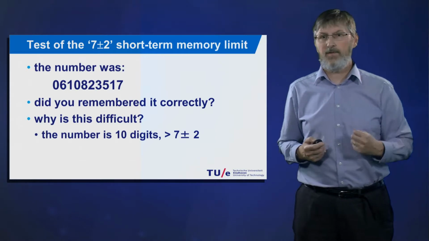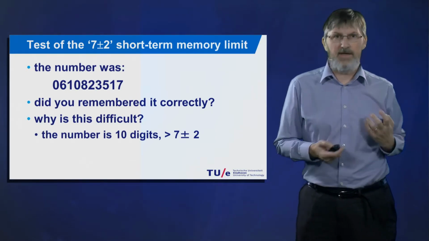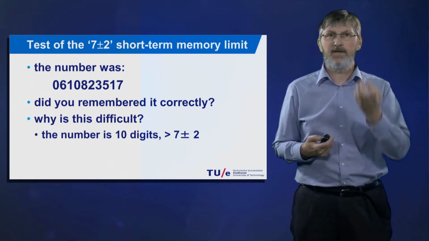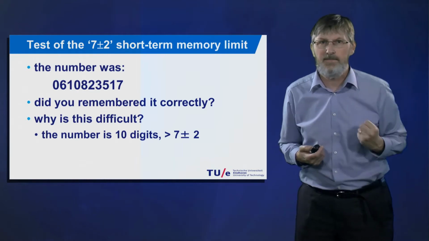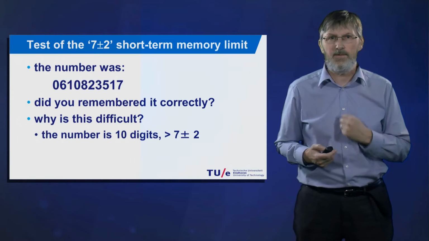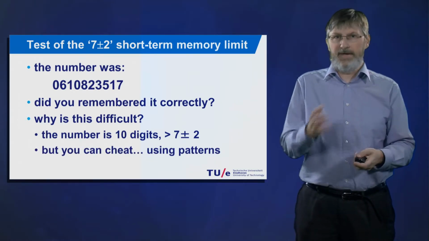Yet some people will have managed to do this. We didn't say that you have to consider every digit as being a separate item. We didn't tell you what the items are that our memory can hold. So you can cheat by using patterns.